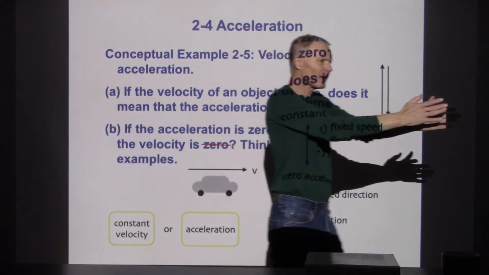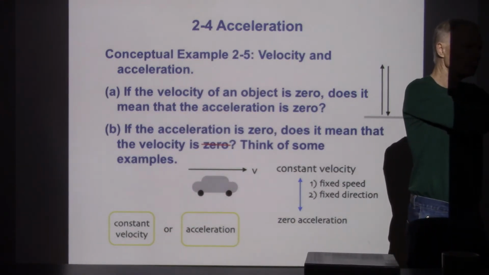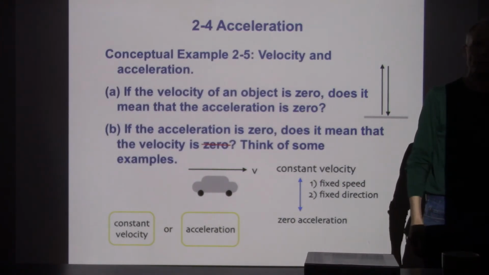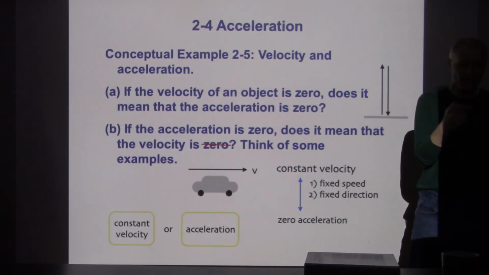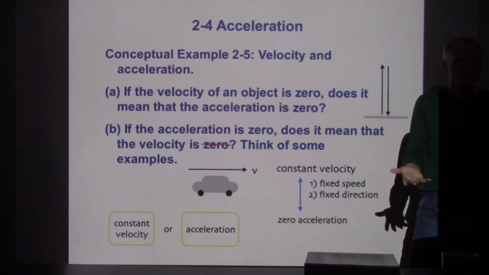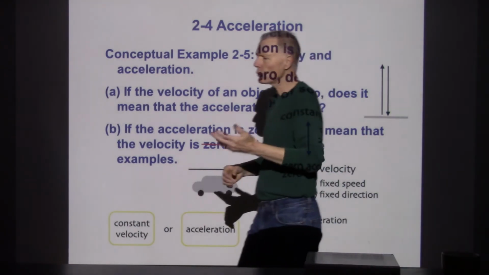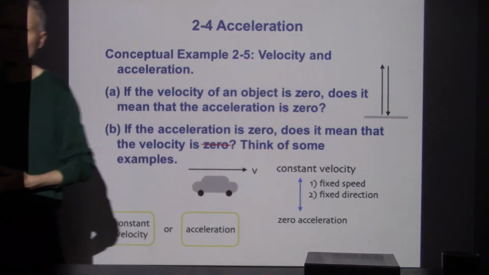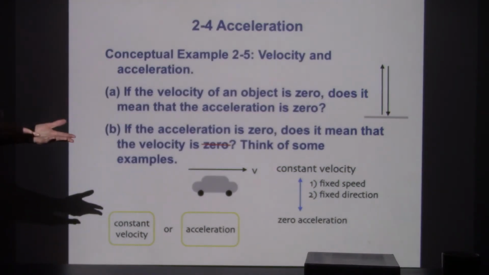Well, what happens if I turn and go in a new direction? If I go in a different direction, then my velocity in the x direction is no longer constant. So in order to have a truly constant velocity, you've got to be moving only in a straight line. Okay? Or at rest is also an example of a constant velocity.